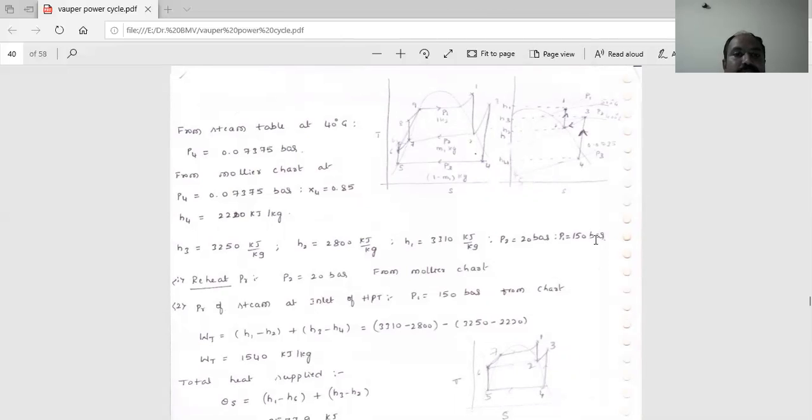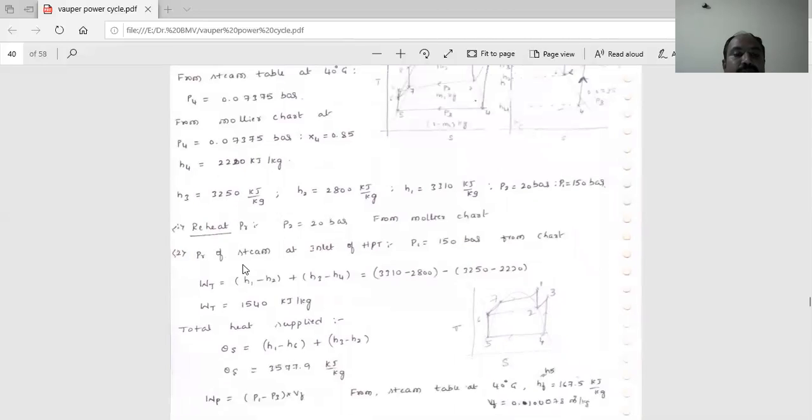Then reheat pressure is equal to P2, which is 20 bar. From the Mollier chart, we can read the value of P2. Pressure of steam at the high pressure turbine inlet, P1, is equal to 150 bar. From the chart you can calculate WT. WT is the high pressure and low pressure turbine work, that is H1 minus H2 plus H3 minus H4. It becomes 1540 kilojoules per kg.